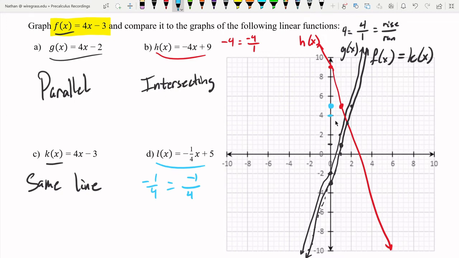Then we're going to run 4 units. So 1, 2, 3, 4 to here. And drawing a solid line straight through these two, we get this equation. And according to f of x, this is perpendicular. It meets at a 90-degree angle.